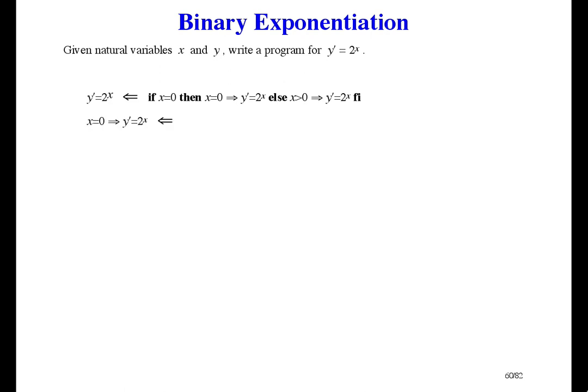Taking the first one, if x is equal to 0, then 2 to the x is 1. And it's easy to assign y the value 1. This refinement is correct, but what about this one? The specification says to make y prime equal to 1, but it doesn't say what to do with x.